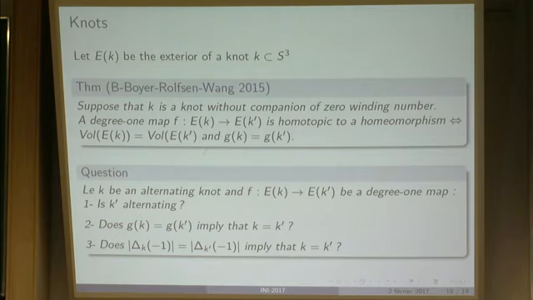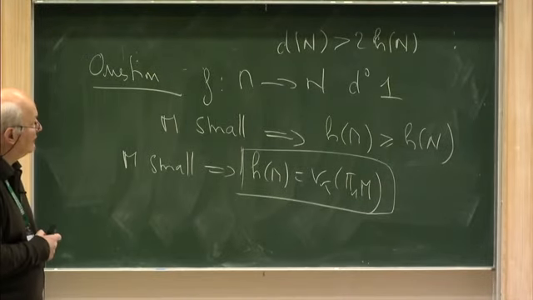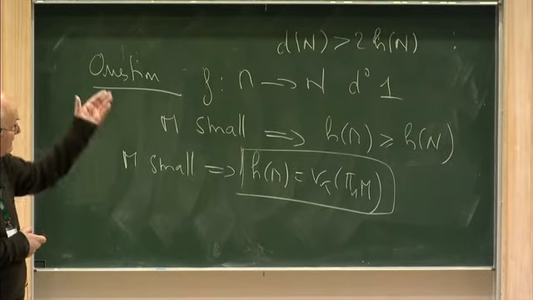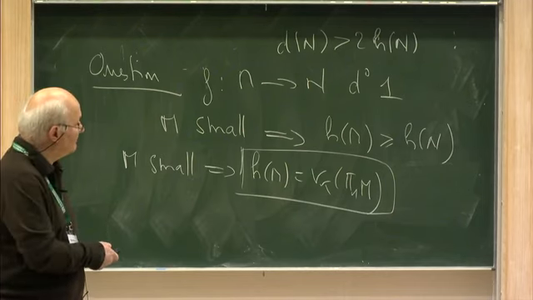So if you take two knots with the same L2 polynomial and a degree 1 map like that, if they have no zero winding number companion, they must be the same. I will bet that they are the same even with a zero winding number companion. But how to detect this zero winding number companion with the L2 polynomial?